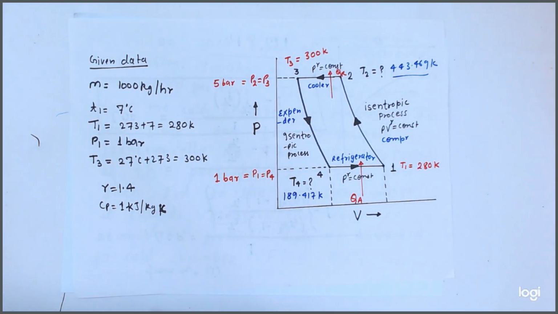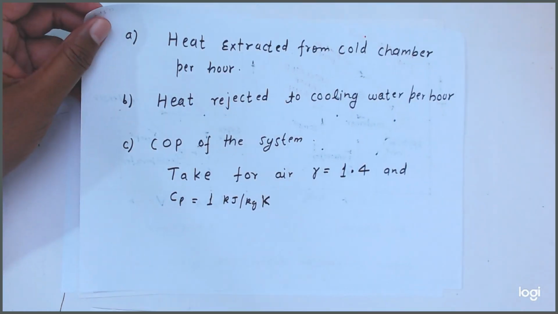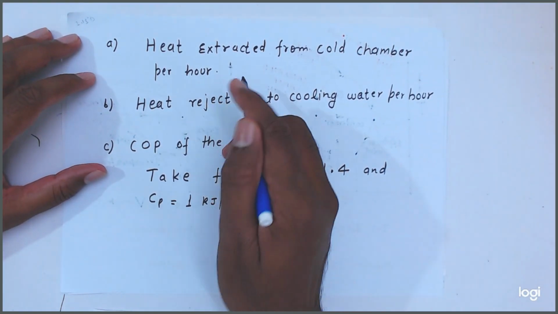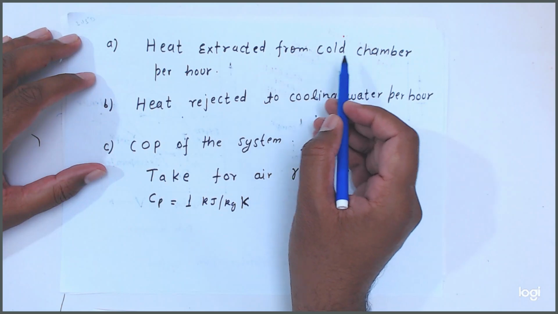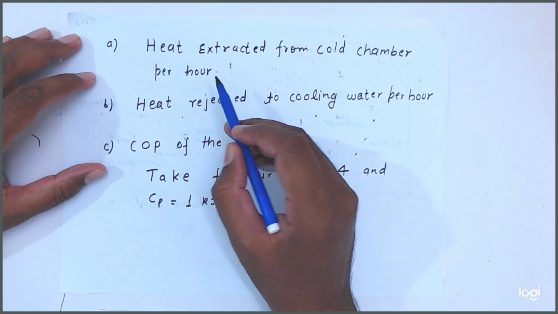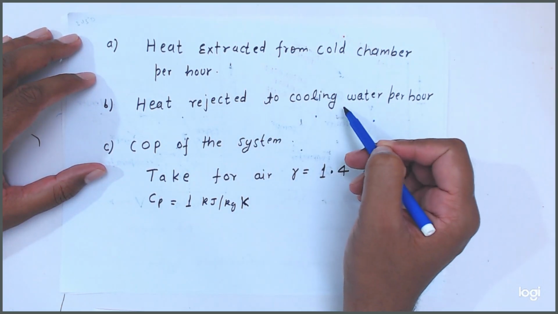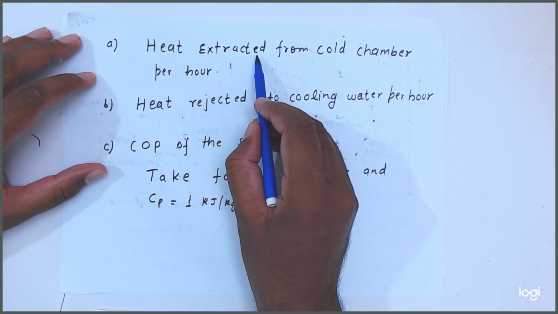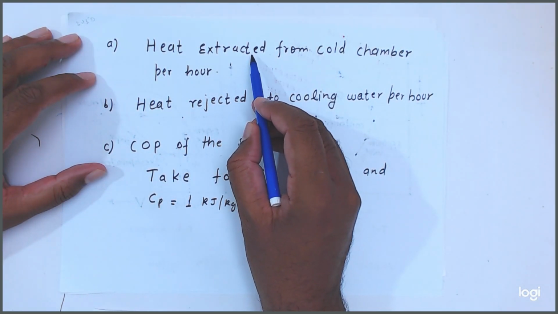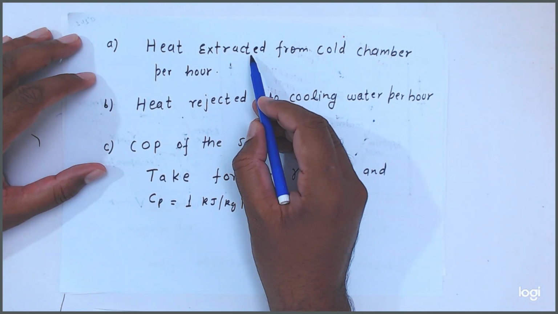Now, friends, we will find what it is asking. It is asking for the heat extracted from the cold chamber per hour and the heat rejected to cooling water per hour. Heat extracted means this process is in the refrigerator.